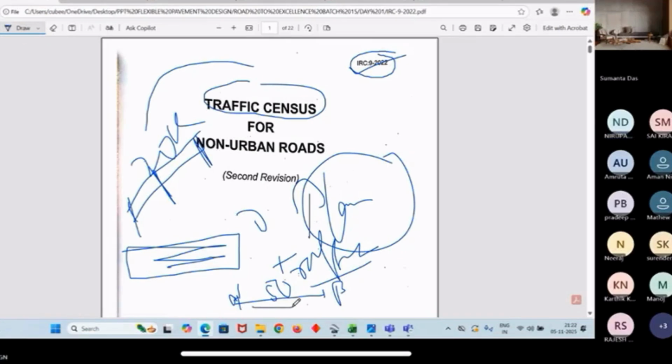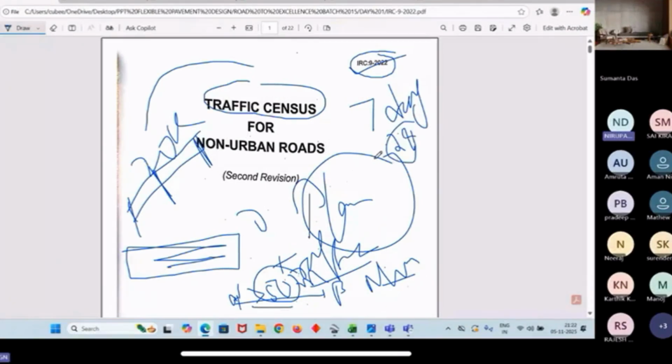For a road greater than 50 kilometers, minimum 3 counts you have to take for the analysis of pavement and geometric design purpose or corridor classification. Got it? So basically 7 days, 24-hour, we have to conduct a traffic survey at any particular time or duration in a year.